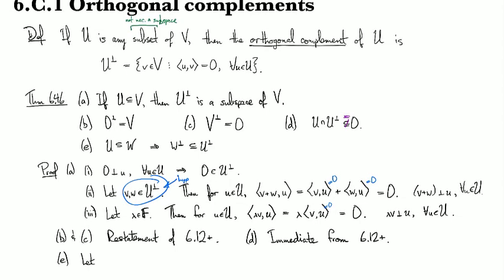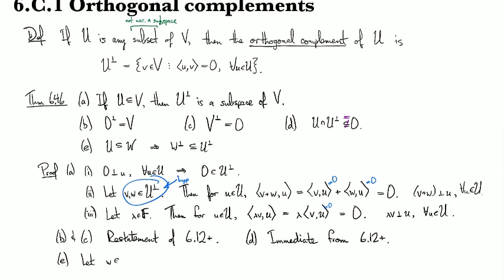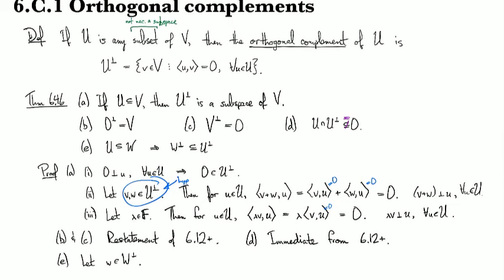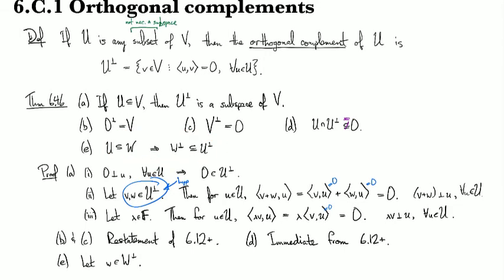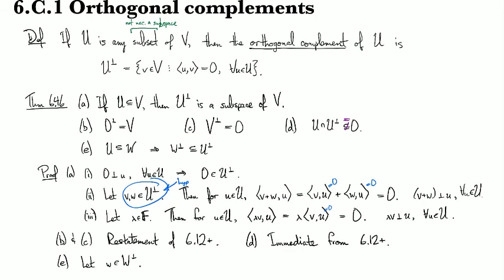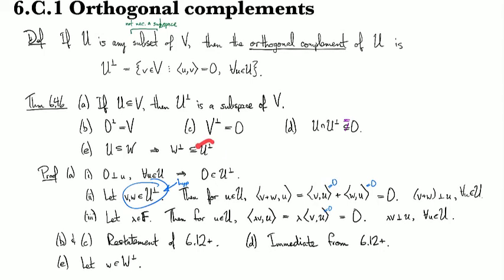So if we take W to be in W perp, then in order to get this implication right here, we need to see that W is also in U perp, right? Okay.